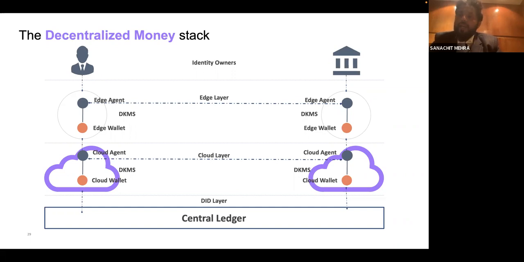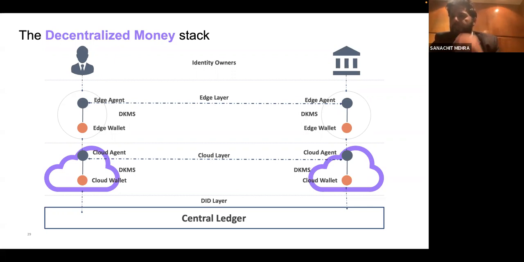So in order to handle that, this is the closest I think they can probably come, which if you look closely is basically a single central ledger for settlements. Again, this could be just the ledger maintained by a commercial bank. But if you look more closely, while the end entity, the person on top left, would have an edge wallet, it could be a wallet similar to a mobile application, or even a top-up card, like a metro card or something, which you could get recharged with additional tokens.